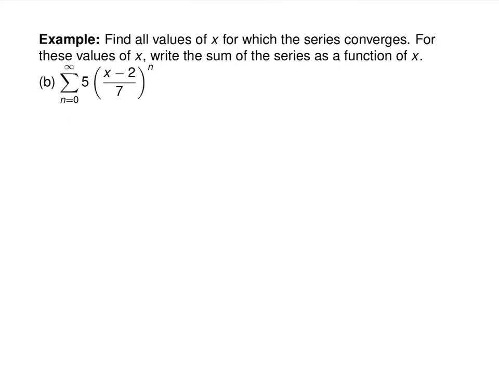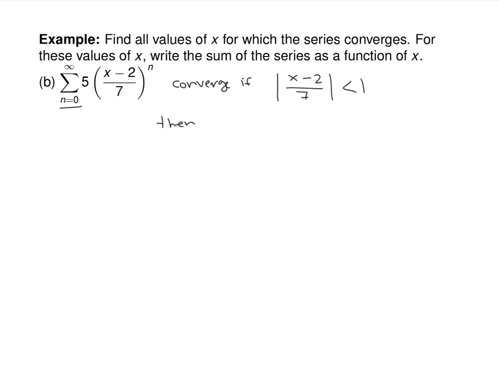Here's another similar but a little bit more complicated one. Find the values of x for which the series will converge, and for these values write the sum as a function of x. This one is indexed starting at 0, so no need to re-index here. It will converge if the absolute value of x minus 2 over 7 is less than 1.